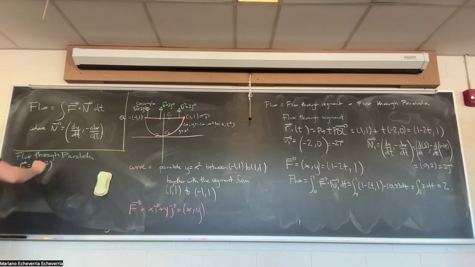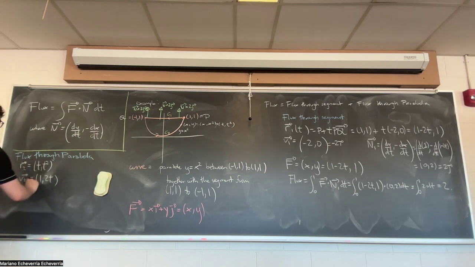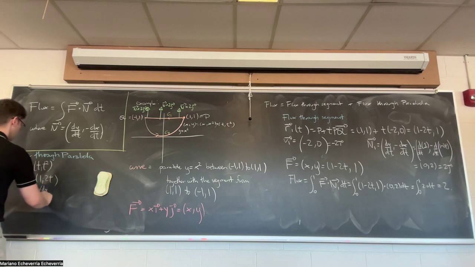The corresponding velocity vector is (1, 2t), and the corresponding normal vector is (dy/dt, -dx/dt).